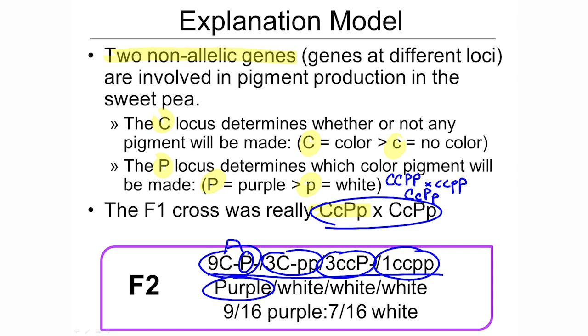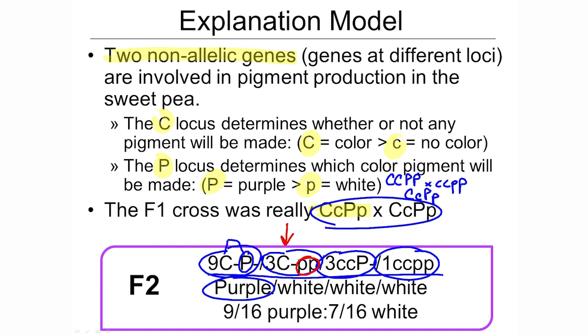But look what happens with the other groups because of this epistasis. This group here gets a little different color going. The big C allele is there, so that means it's, again, saying flip the switch on, go ahead and make your color. But what color gets made? Well, at the pigmentation locus, you got little p.